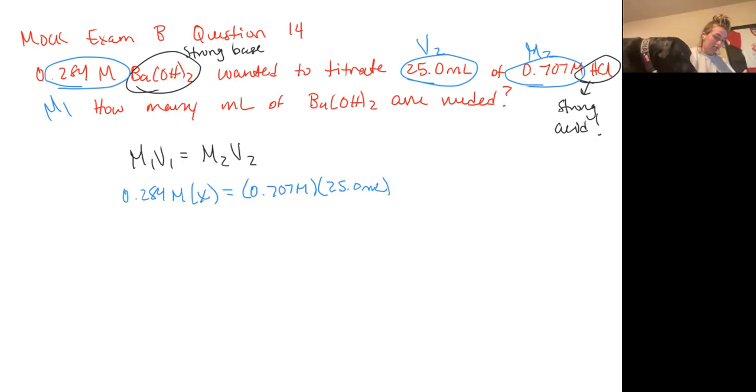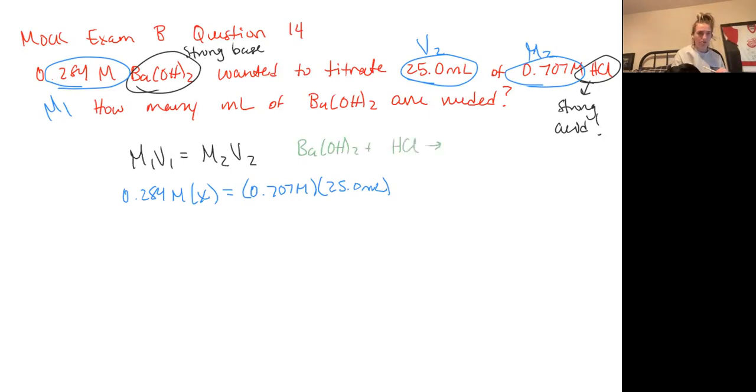So if we look at this, if we write out the equation, we have Ba(OH)2 plus HCl. What is going to form?